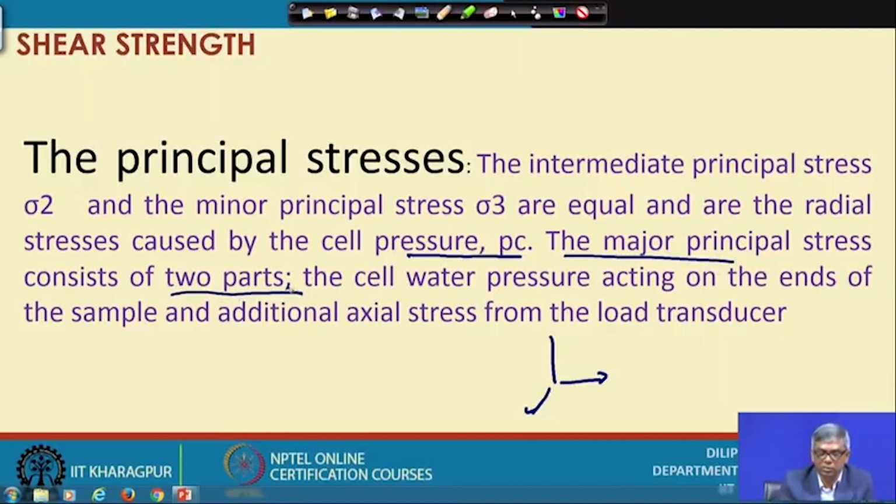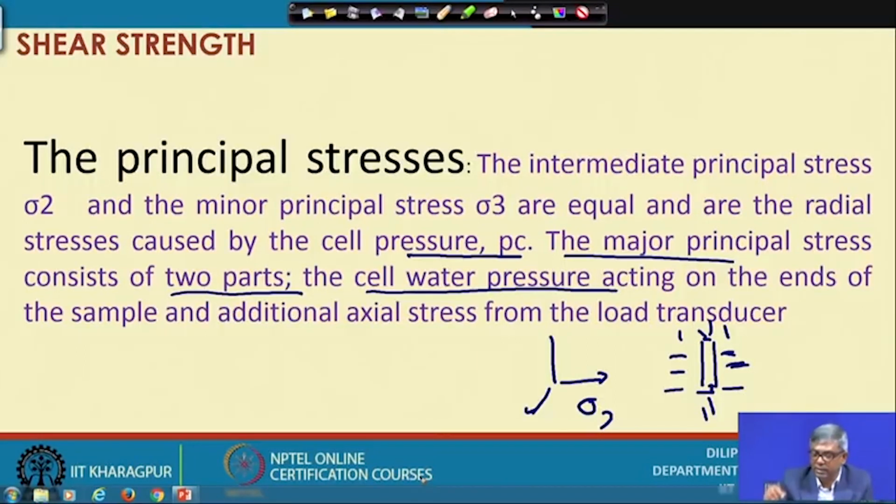When your sample is there, we have given all round pressure everywhere, that is sigma 3 already there, and then we have applied delta sigma. So these 2 components will become the total sigma 1, with additional axial stress.